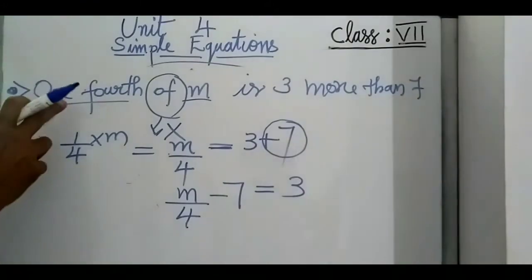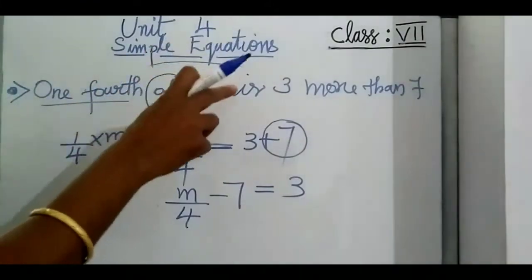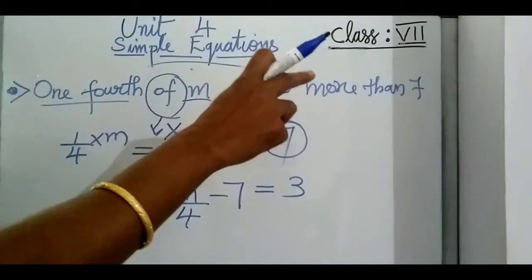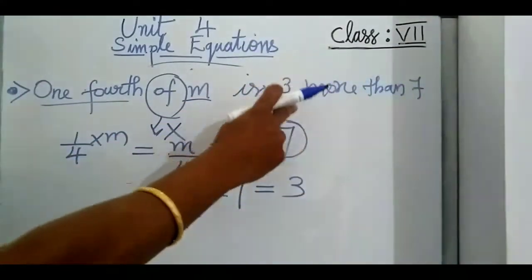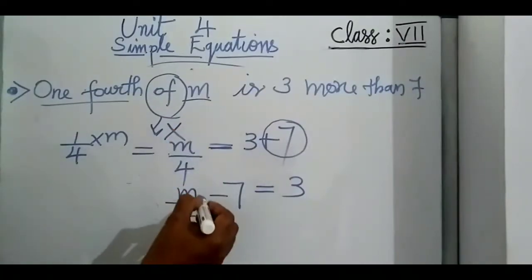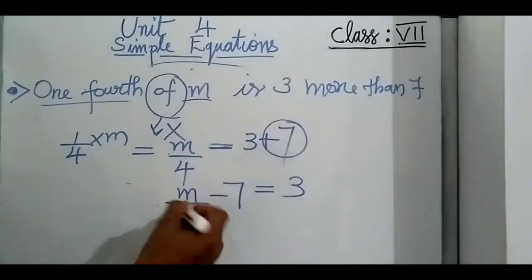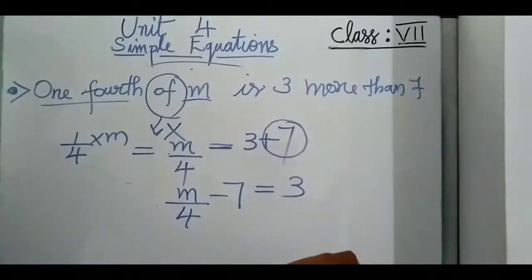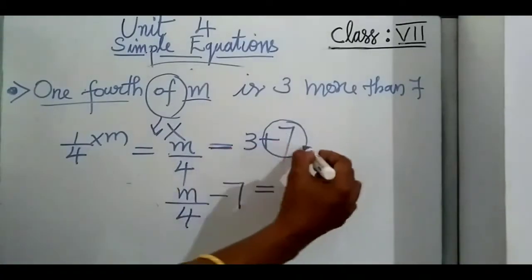The statement given is that 1/4 of m is 3 more than 7. So if we subtract 7 from 1/4 of m, we will get the answer 3. This is also correct.